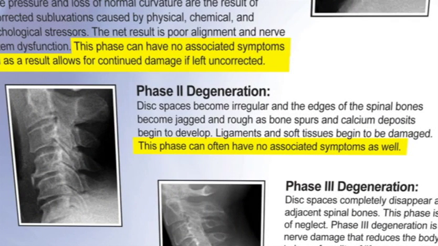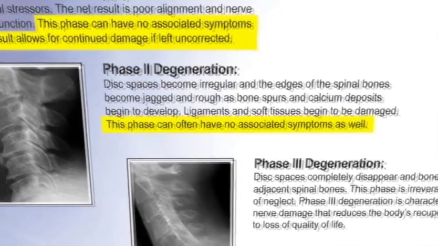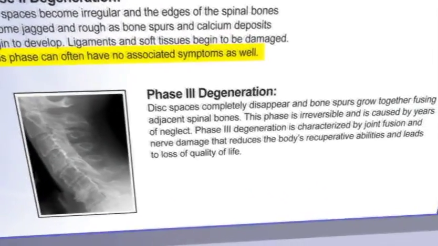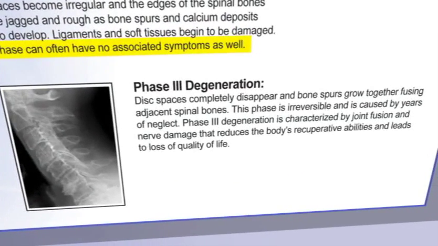The scenario would obviously be the same if your spine was in phase 2 and you did not correct it. It would rapidly progress to phase 3, which is irreversible. In all of these cases, as your spine continues to degenerate, your nerve system is damaged further, causing your health to deteriorate and fail as years pass.